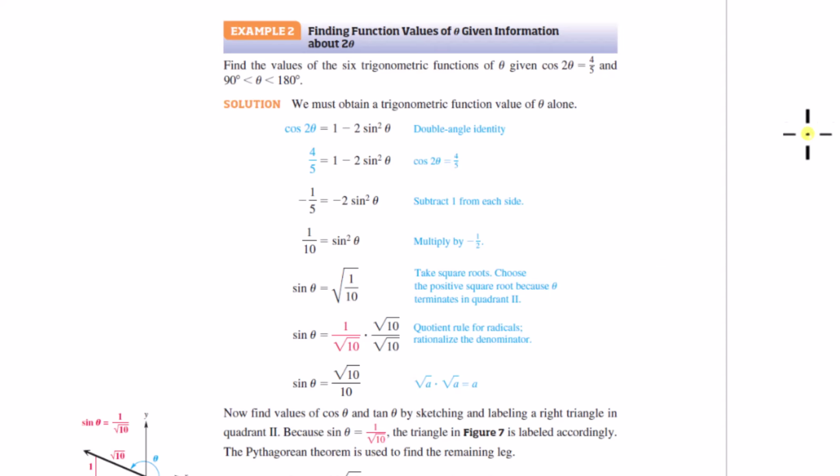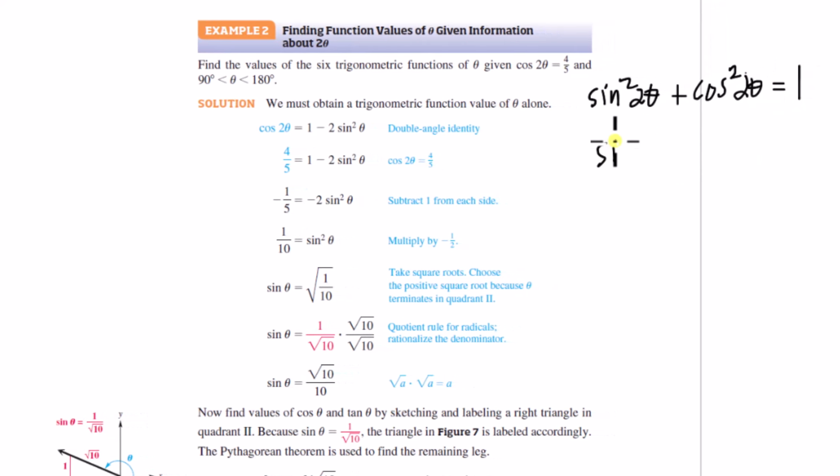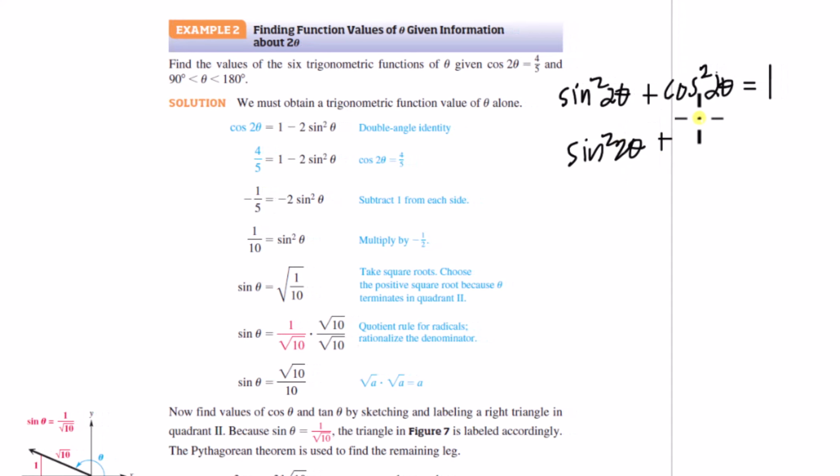We can get sine 2 theta and tangent 2 theta because we know that sine squared of 2 theta plus cosine squared of 2 theta is equal to 1. So sine squared of 2 theta plus 16 over 25 is equal to 1. 25 over 25 minus 16 over 25 is 9 over 25.